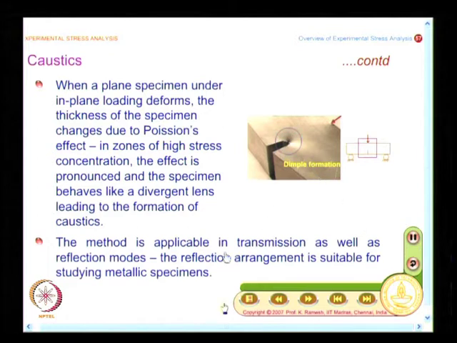As I mentioned earlier, it is applicable to transmission as well as reflection modes. The reflection arrangement is suitable for studying metallic specimens. This also I have said, that you need to have techniques to find out for models as well as prototypes. Photoelasticity has transmission photoelasticity and reflection photoelasticity.